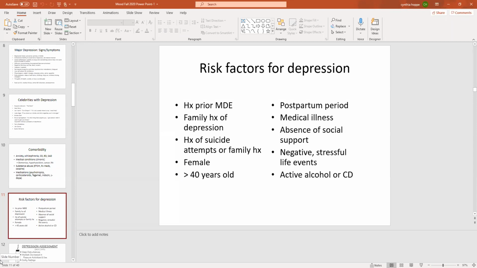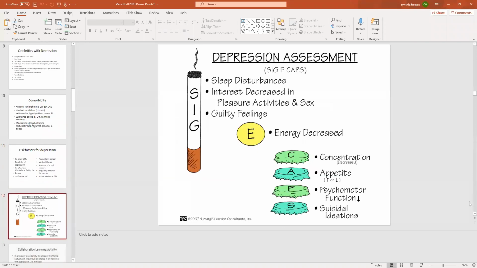But because of COVID, social support is limited: the support of others, the lack of contact, lack of intimacy, those issues, negative stressful life events, and alcohol.